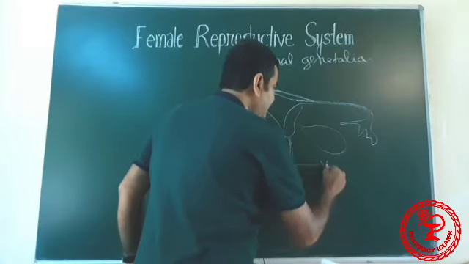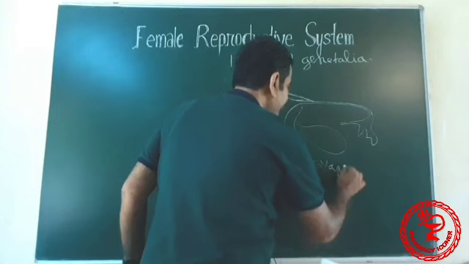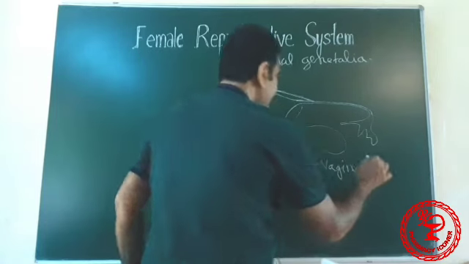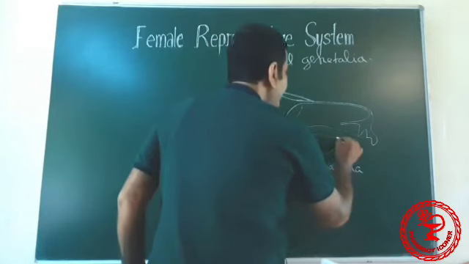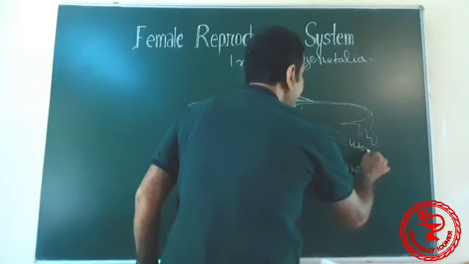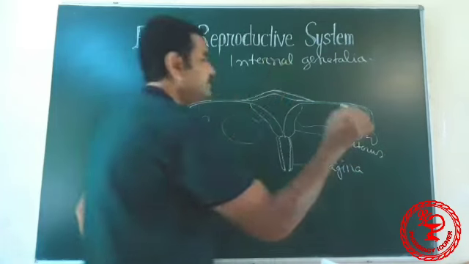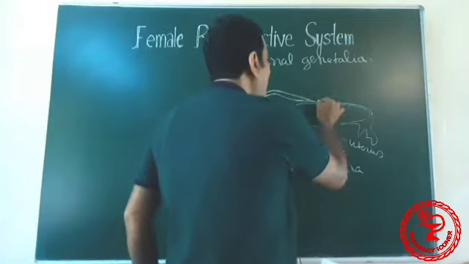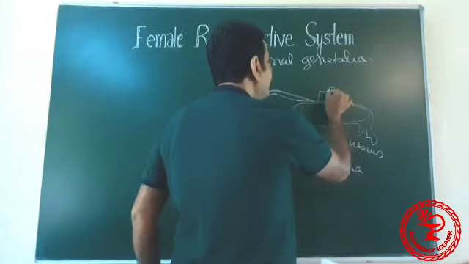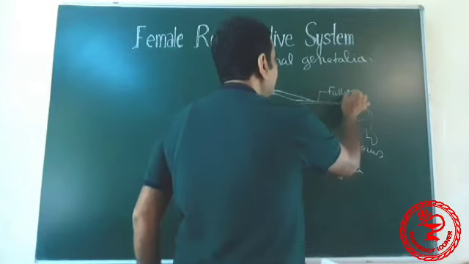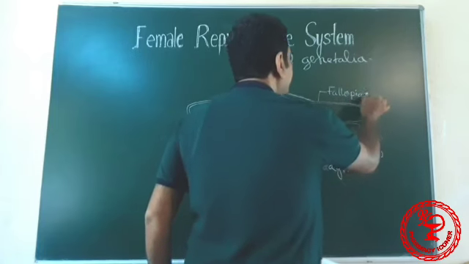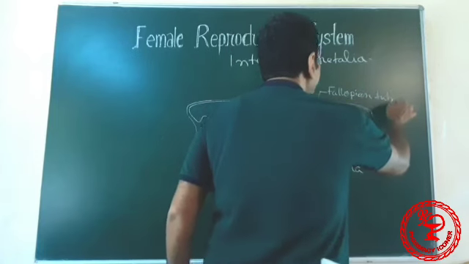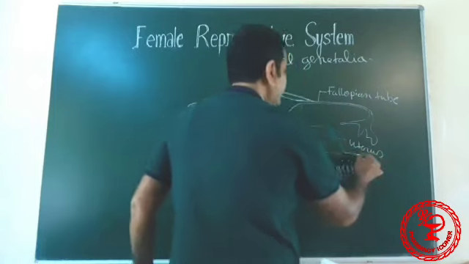Number one, vagina, then uterus, then fallopian tube, and ovary.